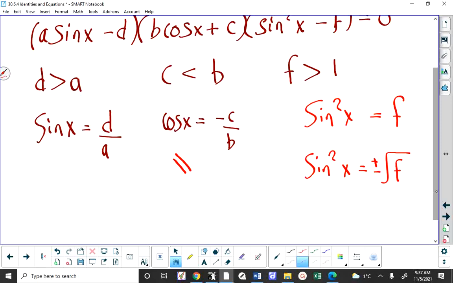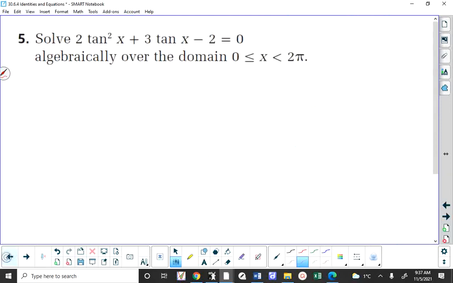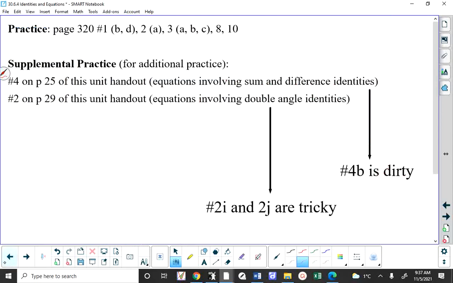Other questions from the text? Does anybody have any questions from the handout? JV? You're going to have to repeat that, please. 1B?